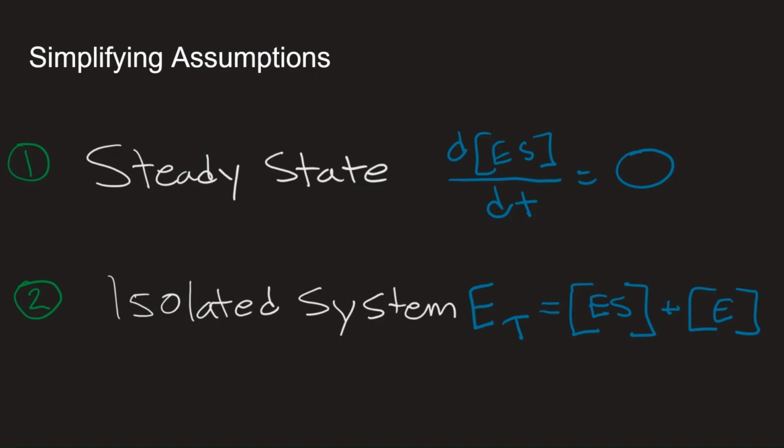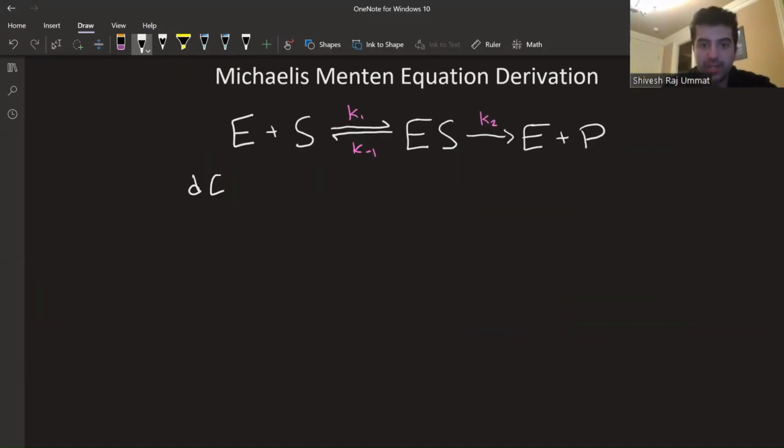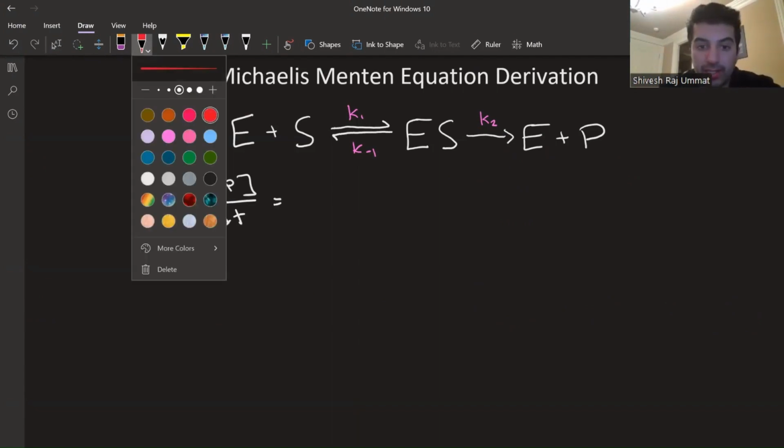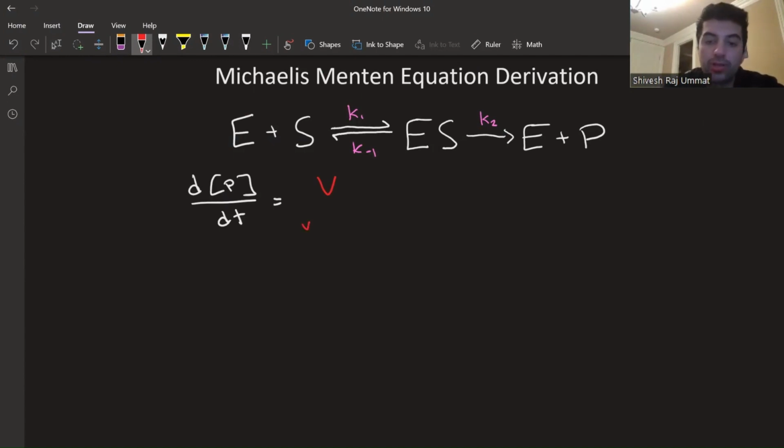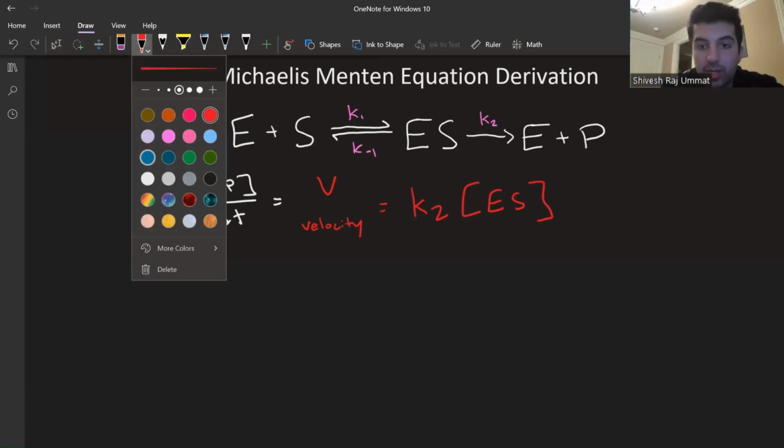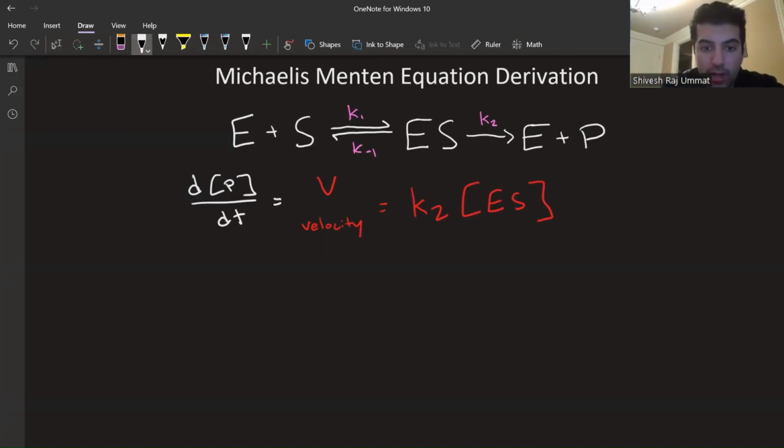All right, stay tuned. Okay, so we're interested in answering the question, at what rate is our product formed from this enzyme catalyzed reaction? So we can also call this V, or the velocity of our reaction. And we know that this is going to be equal to our rate constant K2 times the concentration of our enzyme substrate complex, which forms our product.